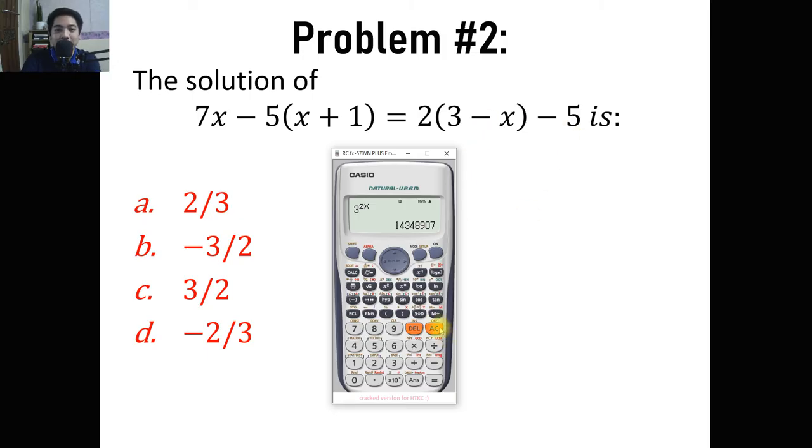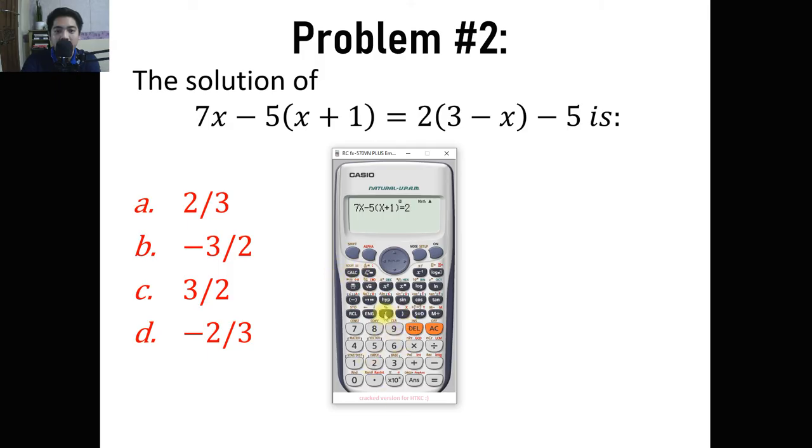So we are going to write this in our calculator. We have 7 alpha x minus 5 quantity x plus 1. Close the quantity, it's very important. If you forget this parenthesis, your calculator will give a syntax error. Alpha calc for the equal sign.